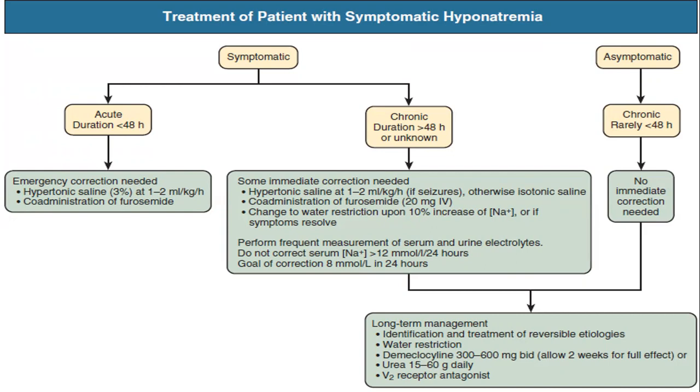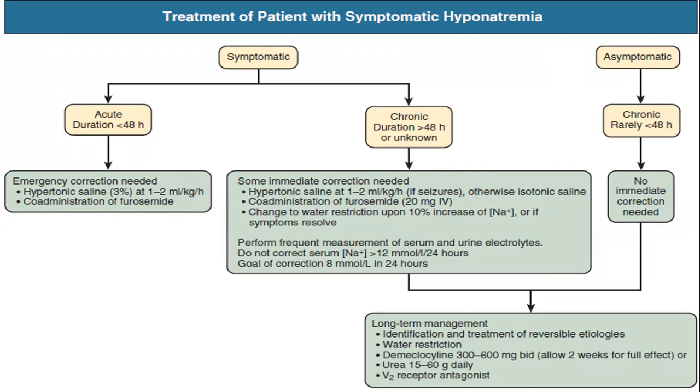During this management, there is the need for frequent measurement of serum and urinary electrolytes. Do not correct serum sodium greater than 12 millimole per liter per 24 hours, and the usual goal of correction is 8 millimole per liter in 24 hours.